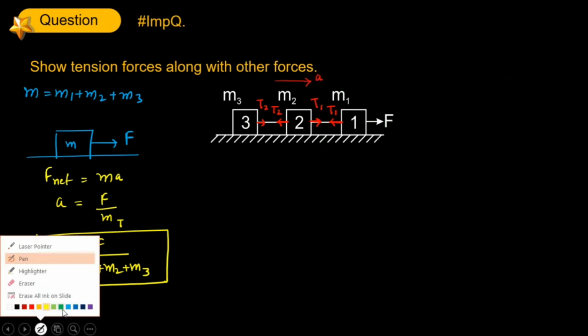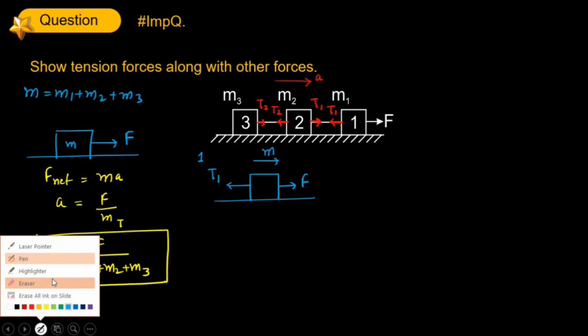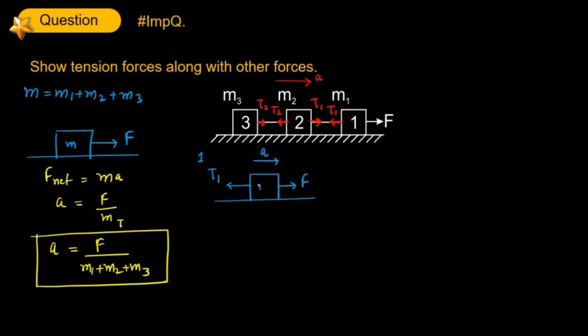Let us try to draw the FBD of individual blocks. And let us start with the first block. The first block is experiencing force F in the right direction and T1 tension in the left direction, and the mass is moving with some acceleration A, which we already found. And the mass is supposed to be M1.